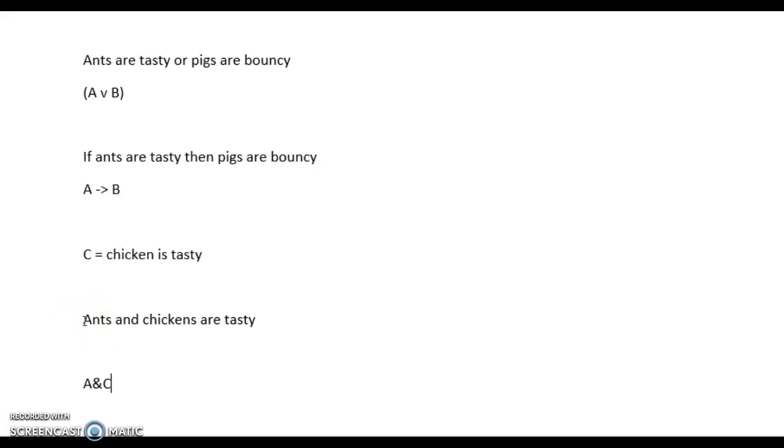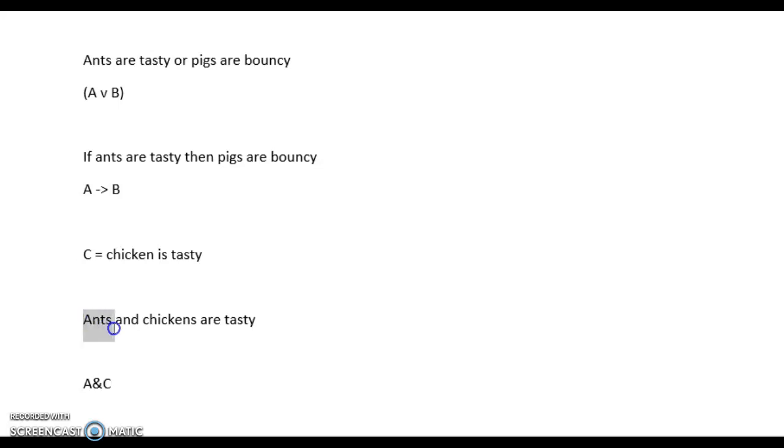And in semantics, what you're looking at is the truth claims that a sentence is actually making, not just literally the layout of the sentence. So this sentence here, ants and chickens are tasty, what it's really saying, if you were to write it out in full form, is ants are tasty and chickens are tasty. Now, that obviously is kind of silly to say, so we just leave out the are tasty after the ants. We just say ants and chickens are tasty, right?